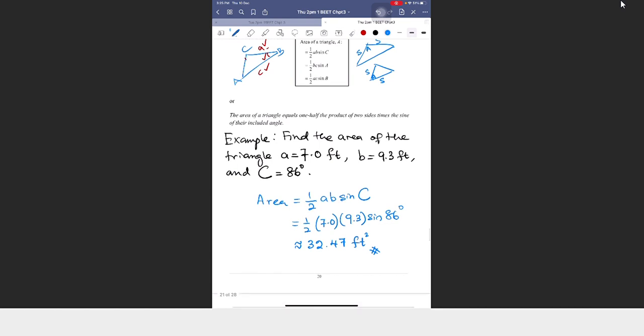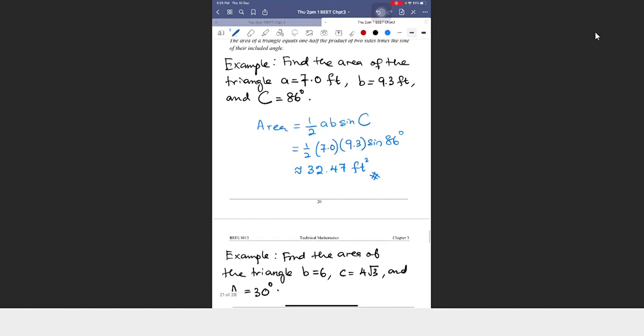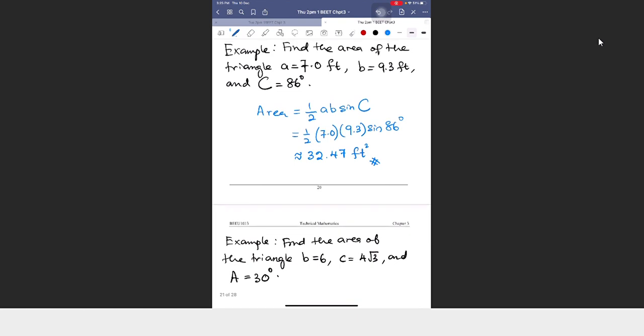Let's look at another one. Find the area of the triangle where B equals 6, C equals 4 root 3, and A equals 30 degrees.